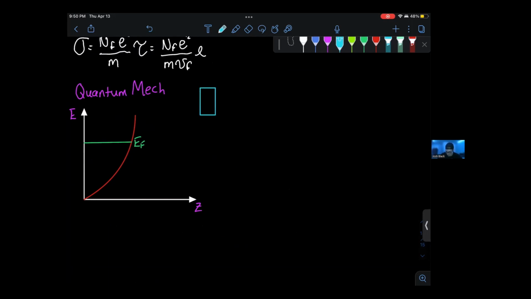Well, let's pretend that this is our conduction band, and this purple one is our valence band. We know that these bands overlap. Now, we also know that the valence band is full of electrons. We would also say that this thing here, that's our Fermi level, right? That's the highest point an electron can be at.